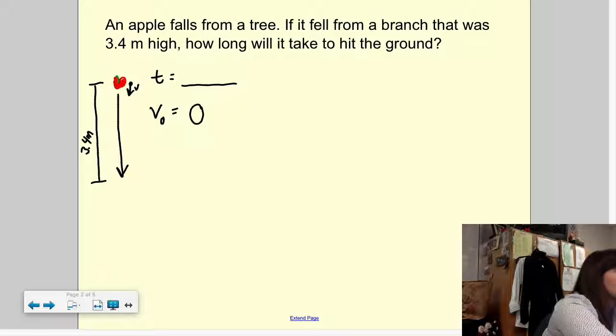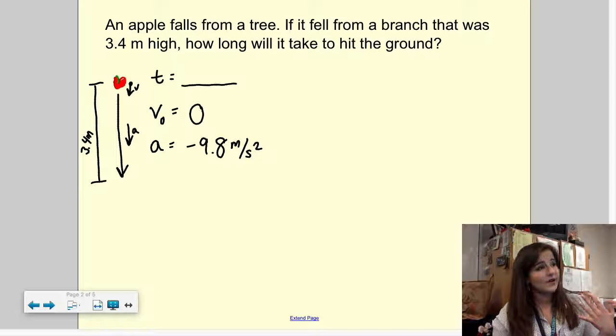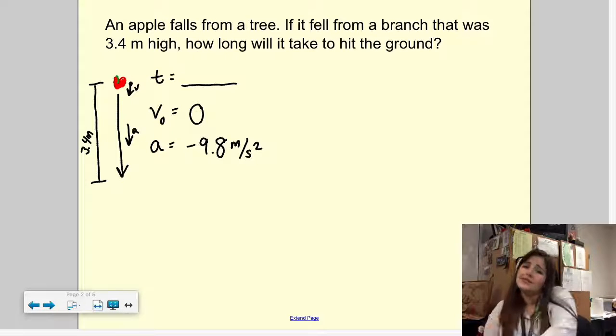We also know something else. Why is it going to fall? Well, it's going to fall because of gravity. So we know its acceleration is negative 9.8 meters per second squared. This is always the acceleration when something is falling, or when something is thrown up in the air, or when something is launched horizontally in the air.